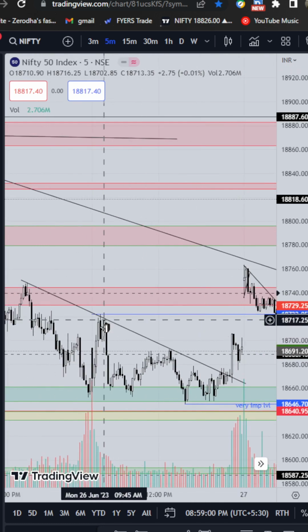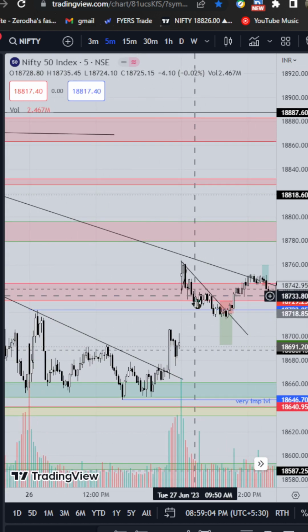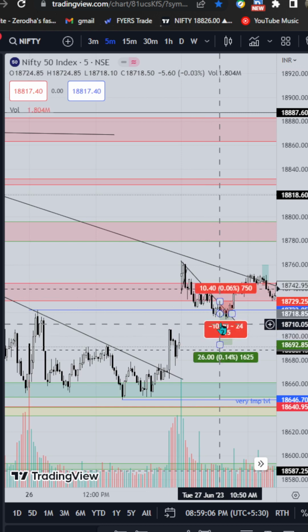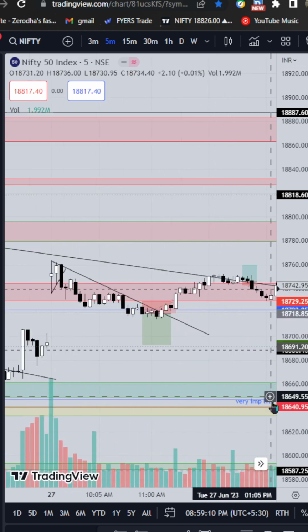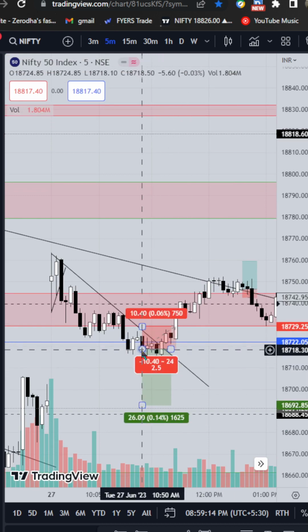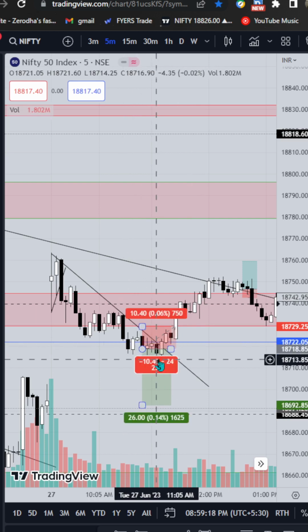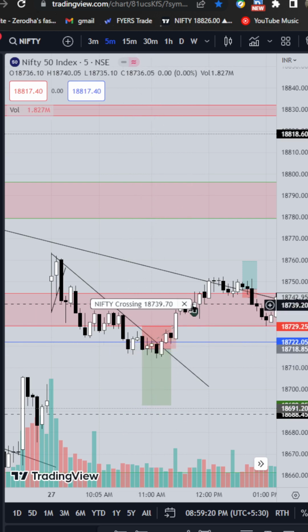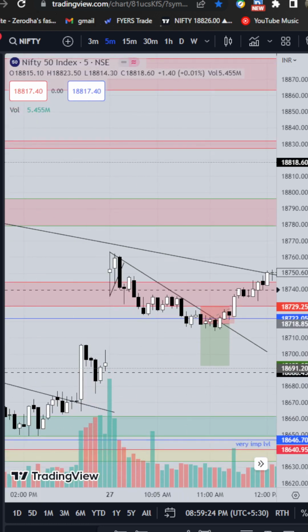Because there are so many unmarked resistances, like the previous day high. First the price has to go till the previous day high, and if over here the price is still showing some sort of bearishness, you can go short. So I went short over here, but again the price broke down and then got back up. So you can give one stop loss, and this is part and parcel of the game.